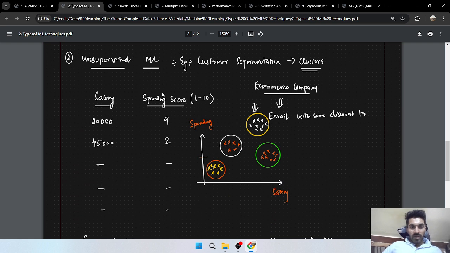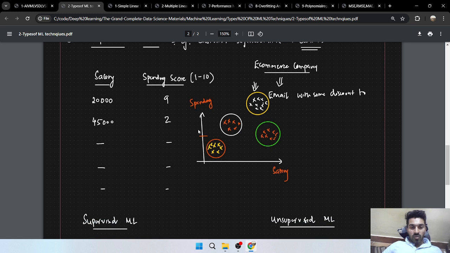And unsupervised machine learning, like customer segmentation and clustering, like I've already said, the k-means clustering algorithm, you can apply the Apriori algorithm. Like suppose this is a salary and spending. If the salary is low, then spending is low. If salary is somewhat high, then spending is higher. This is basically used in big companies.